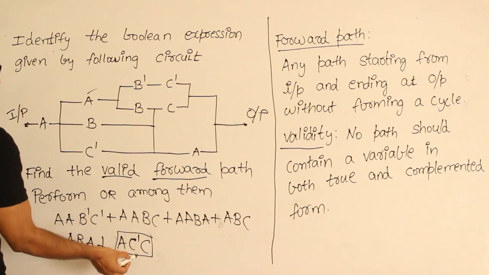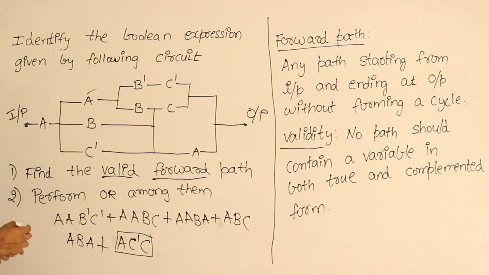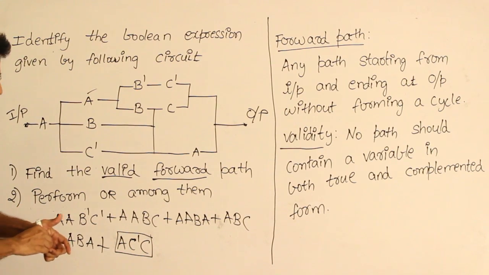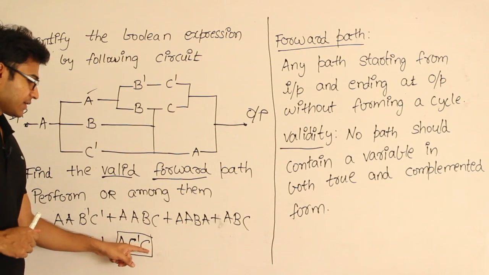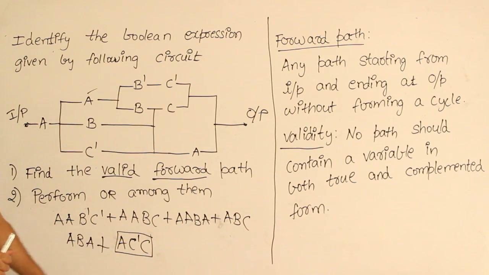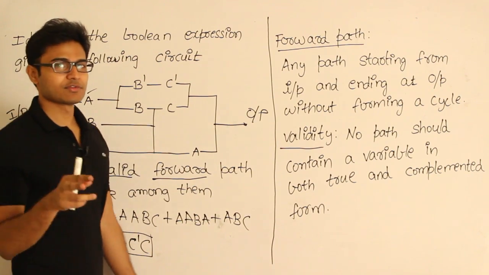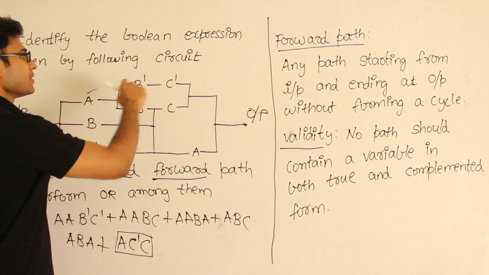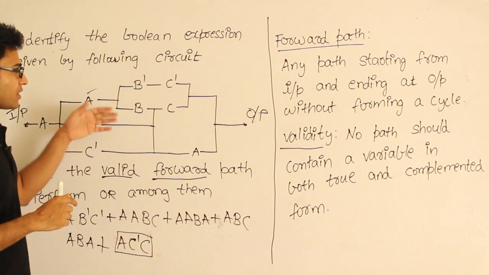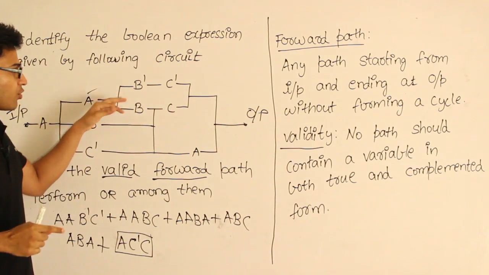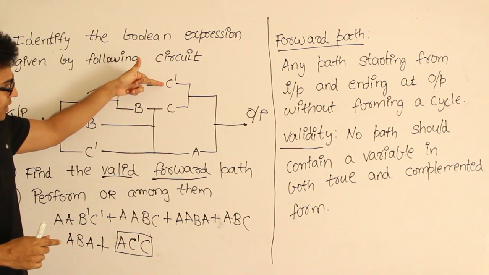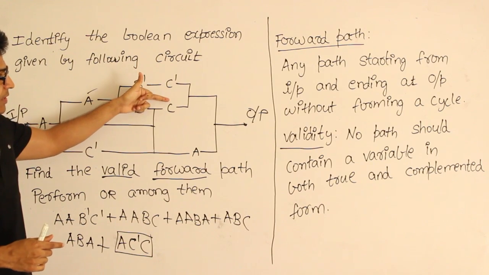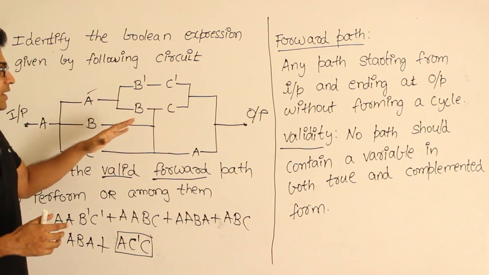The relevance of C dot C prime in this circuit is that one is saying C is on, the other is saying C is off. Even though they are located at different places, whenever at the input you switch on C, both of them will switch on or both of them will switch off. Even though I am writing C prime and C here, you could think of it like this.